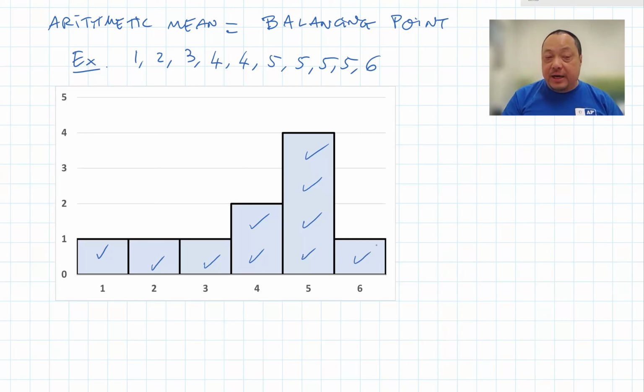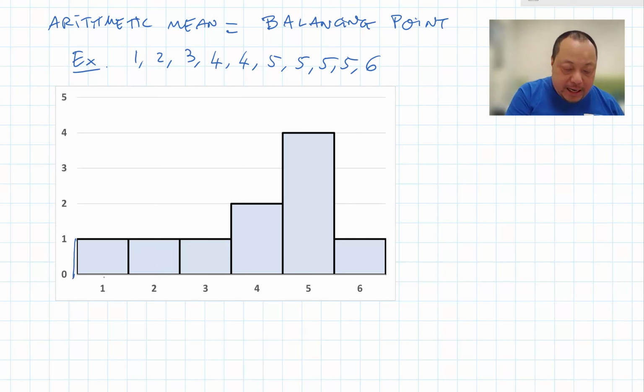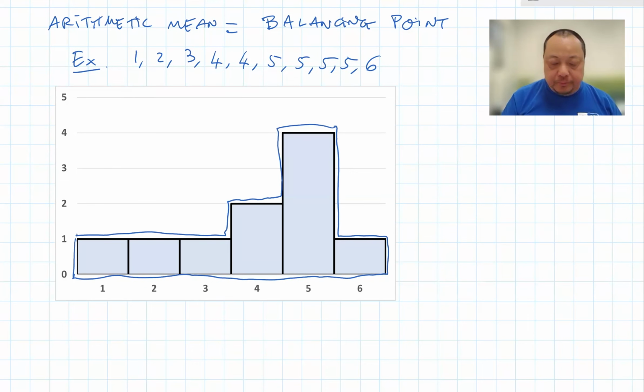So this is the graph of these points. Well, imagine that you cut out a piece of wood or metal that has this shape. Then where is the point that would balance the whole thing? Where's the point that I can balance the whole shape on?